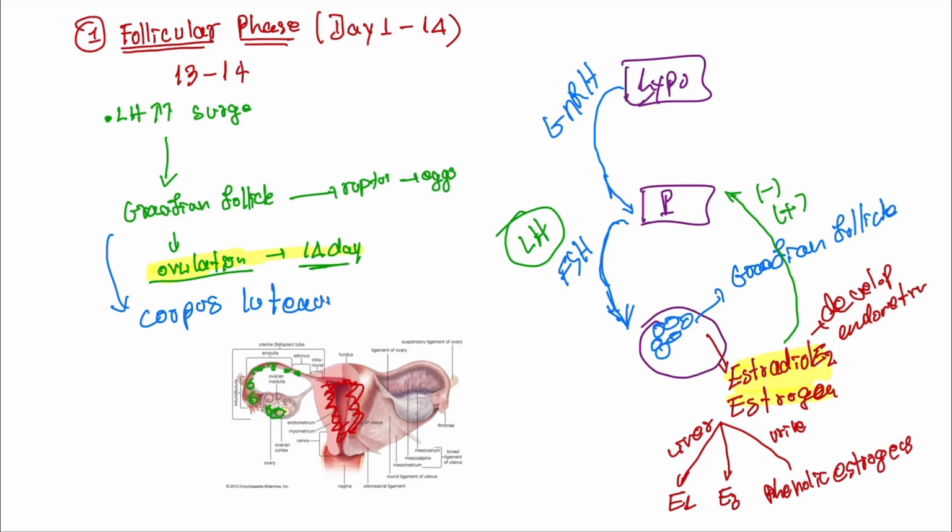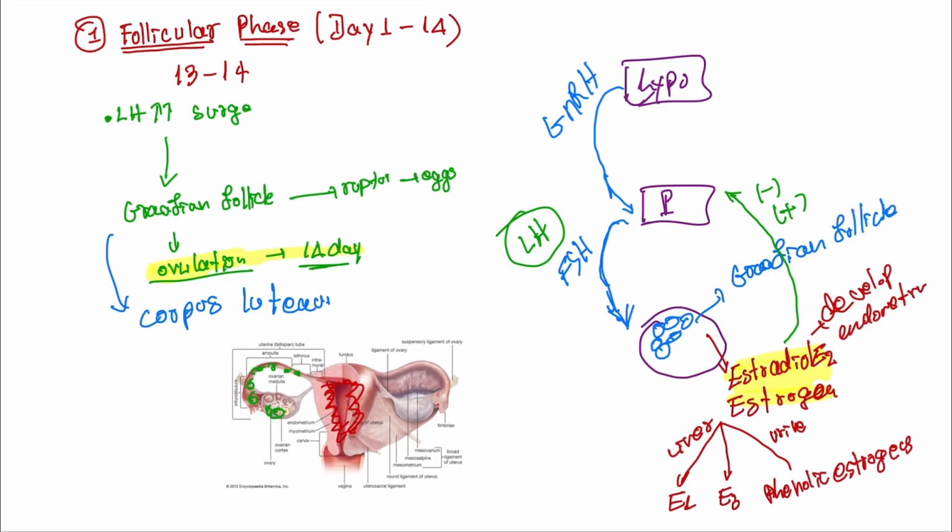This is the luteal phase. So for the follicular phase, first the hypothalamus releases GnRH, and GnRH stimulates the pituitary gland to release the hormone FSH, follicle stimulating hormone, to stimulate the growth of the follicle in the ovary. The mature follicle is called the Graafian follicle, which contains the mature egg.